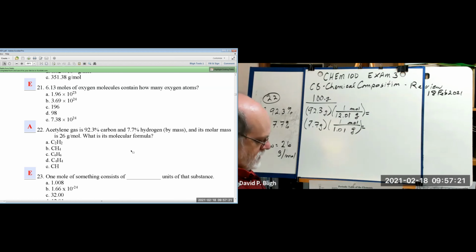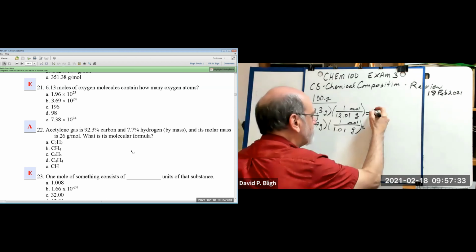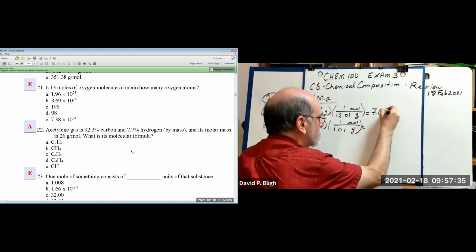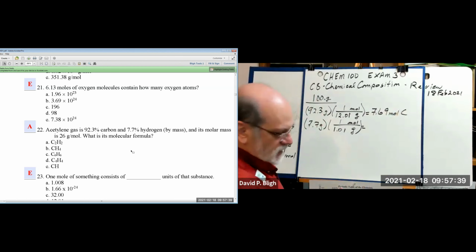92.3 divided by 12.01 is 7.69 moles of carbon, three significant figures, and 7.7 divided by 1.01 is 7.62.